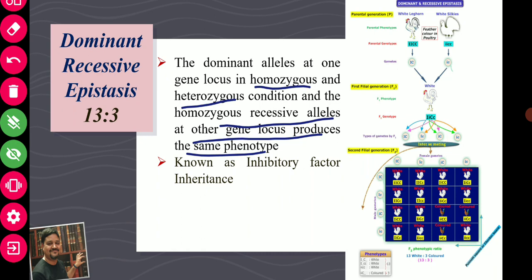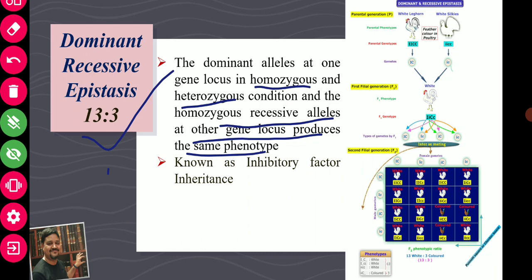So here again the phenotypic classes will be limited to two only, because dominant either in homozygous or heterozygous and recessive in homozygous condition will have the same phenotype. So the first two and the last one will be combined together, and this will give the ratio of 13:3. At last I will tell you how to remember these ratios.